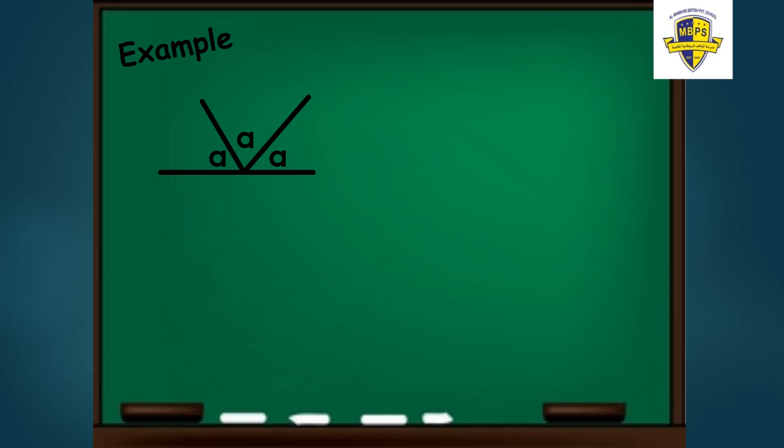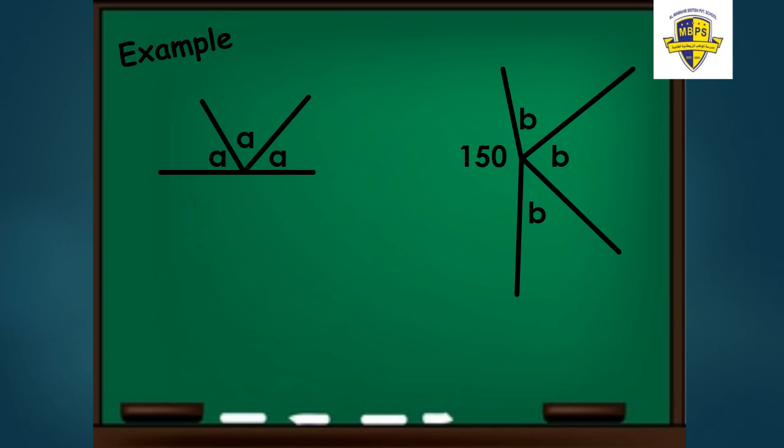So 180, we want to share it equally among three, A, A, A. So what does sharing equally mean? It means divide. So 180 divided by 3 equals 60. So here the first one we solved.